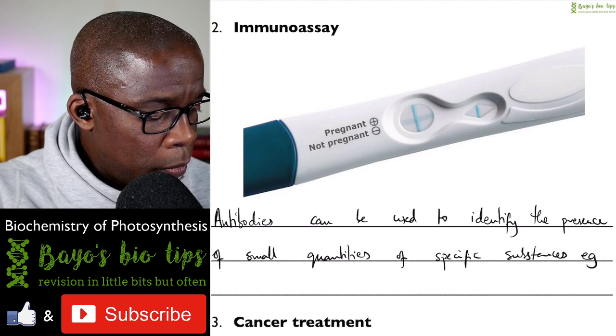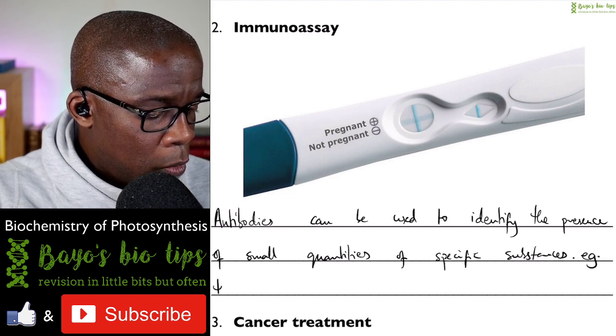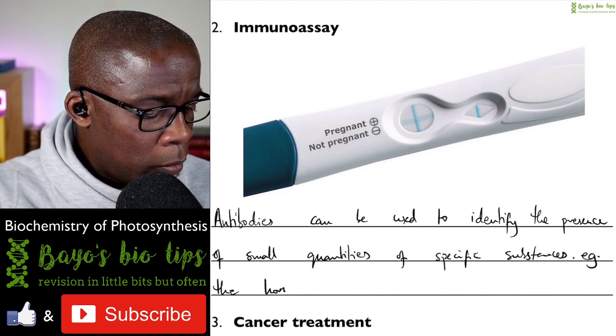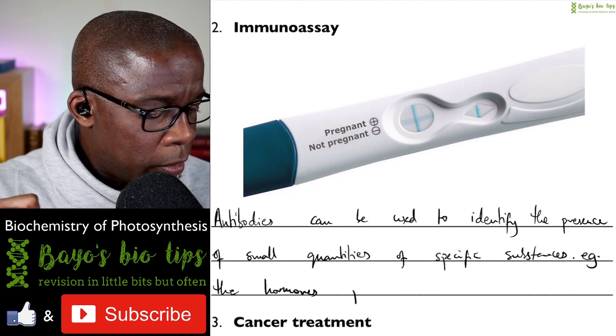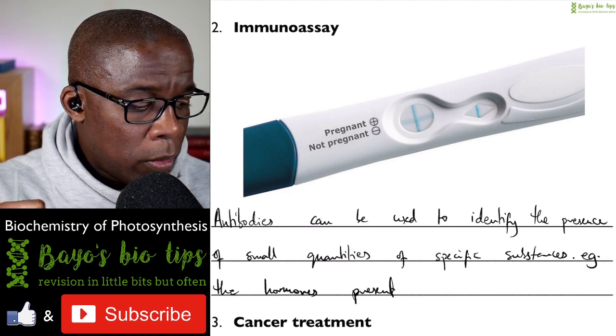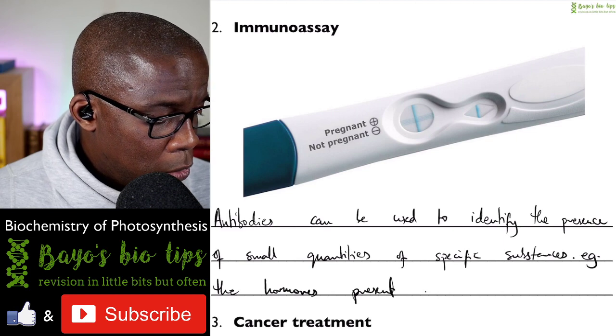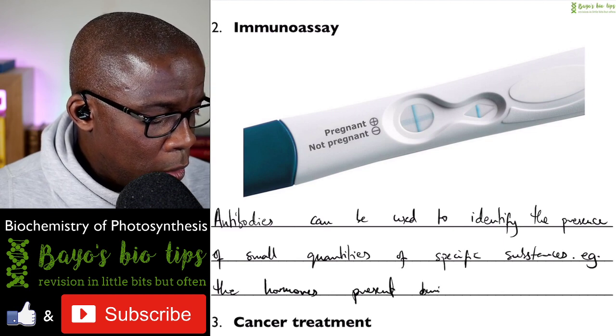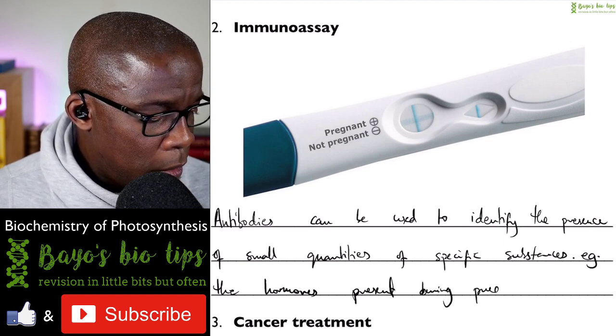For example, the hormones present during pregnancy in urine.